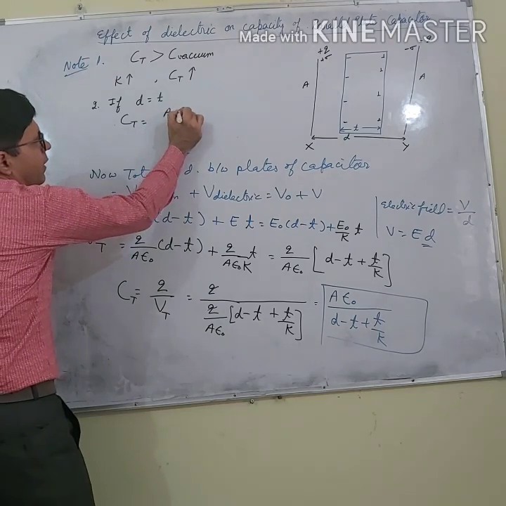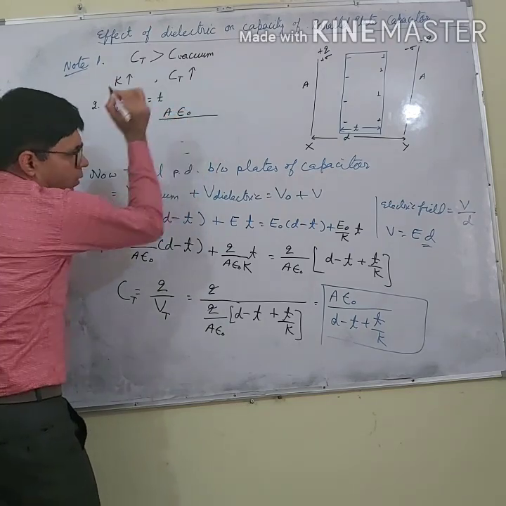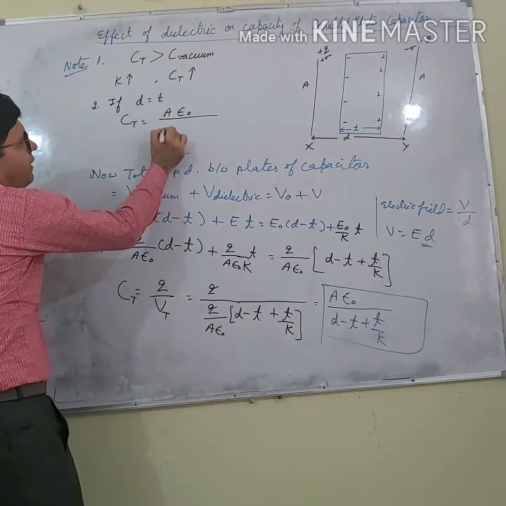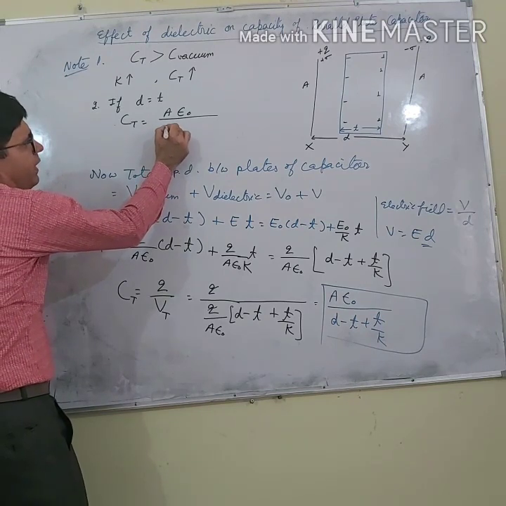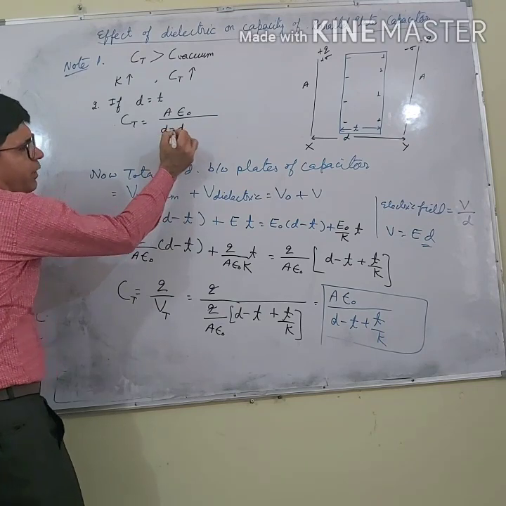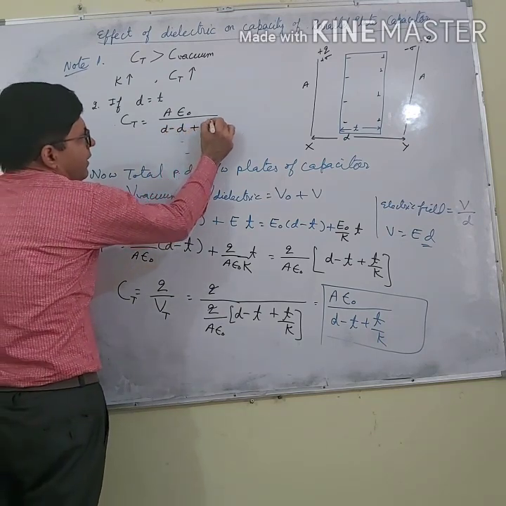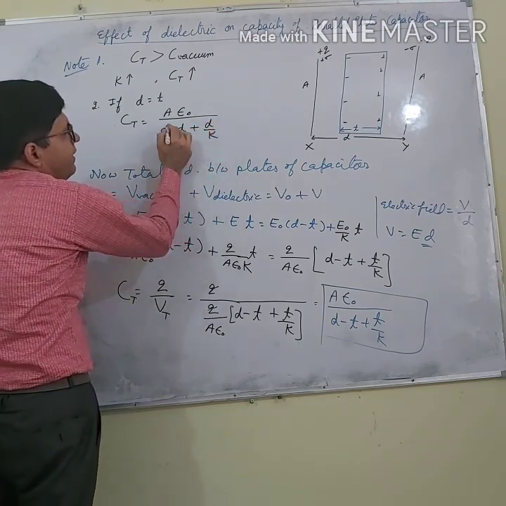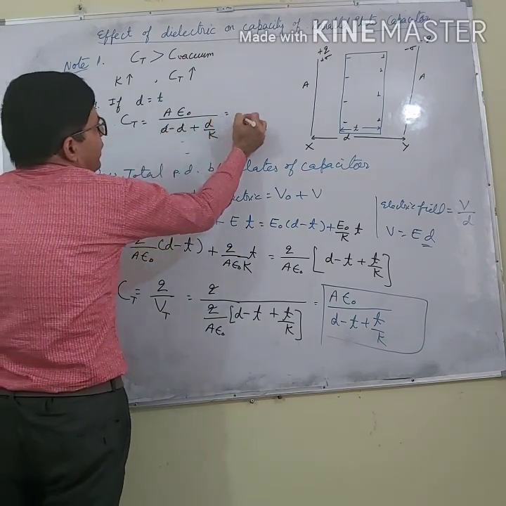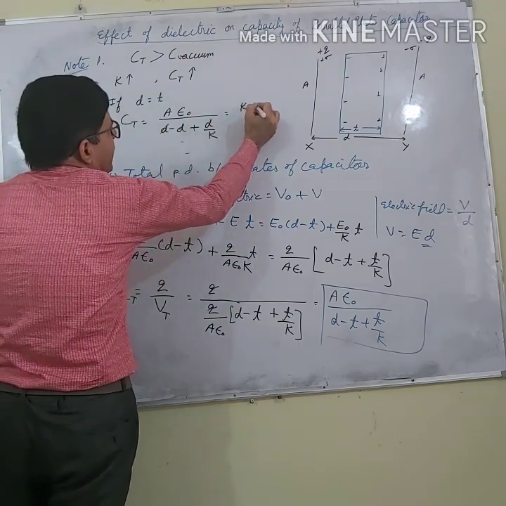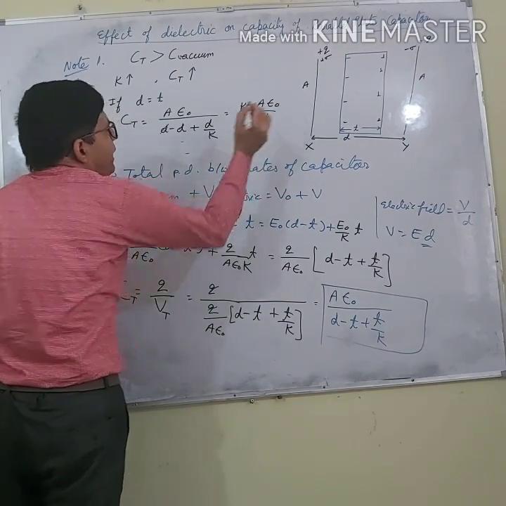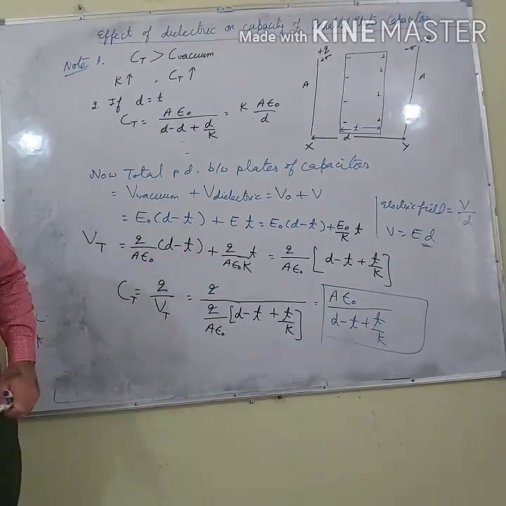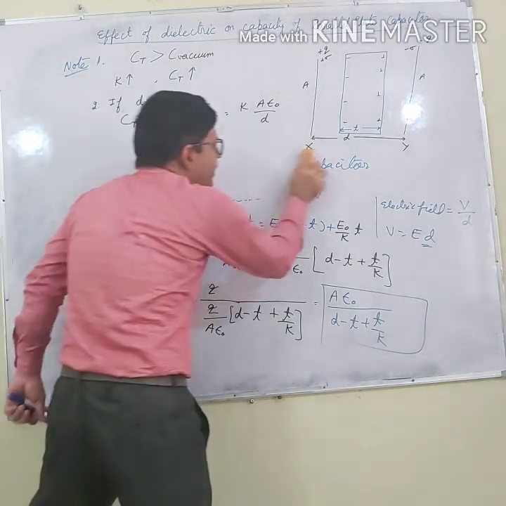A epsilon naught divided by D minus T plus T by K. Here D and T are the same, so D minus T equals 0, leaving D by K. This D gets cancelled, so I can put K here: K A epsilon naught by D. What does it mean?